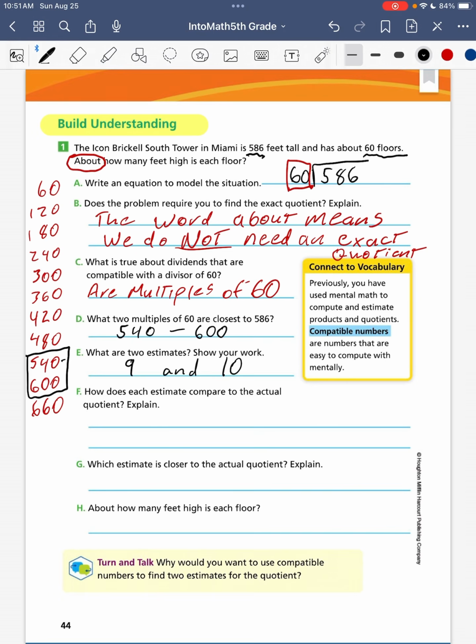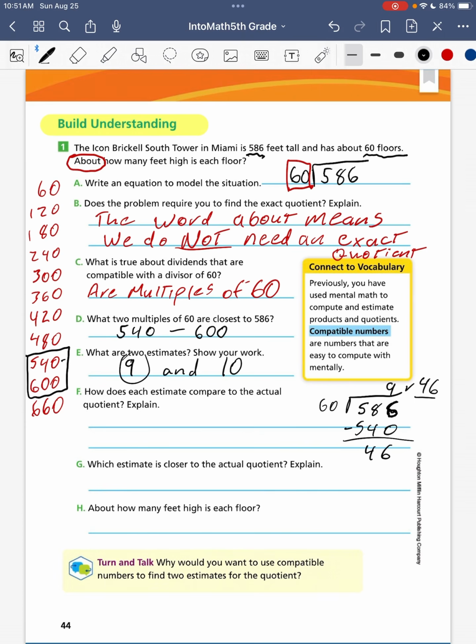Now, if we figure out the actual quotient, 60 into 586, we can find that 60 can go in 9 times for 540. This leaves me with 46, so 9 with a remainder of 46.